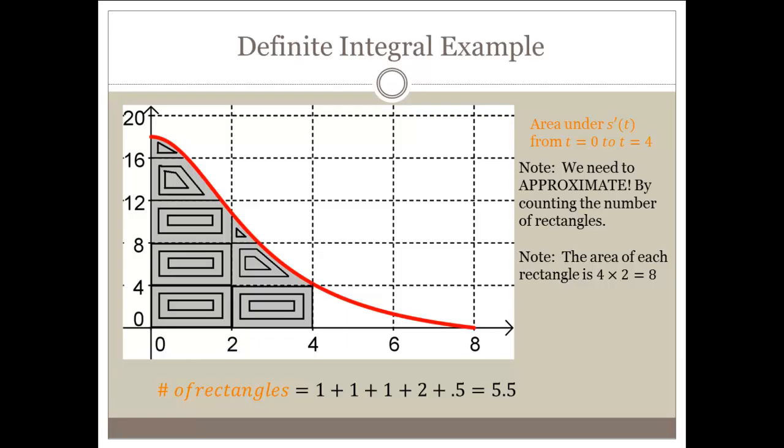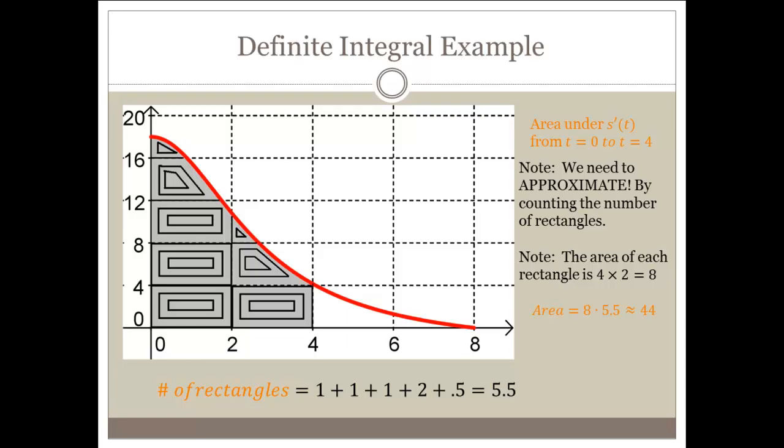But it's important to realize that each rectangle has height 4 and width 2. So the area of each rectangle is 4 times 2, which is 8. So the area of the shaded region is 8, the size of each rectangle, times 5.5, the approximation of how many rectangles we have, which gives us 44.